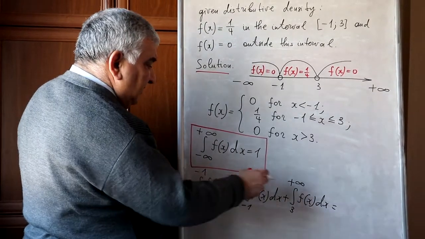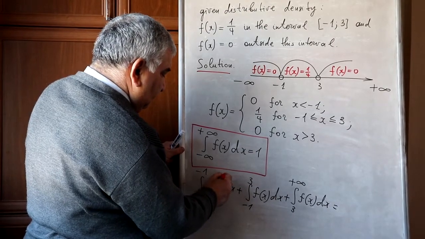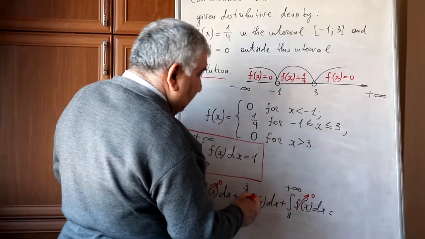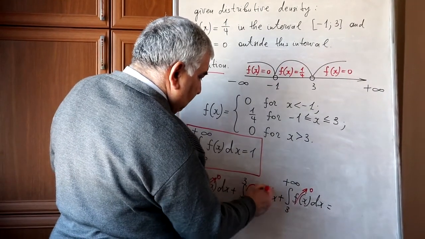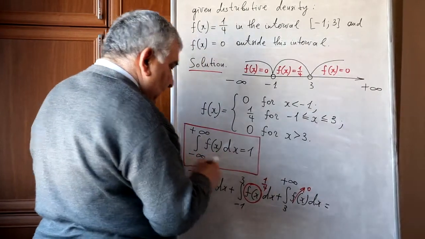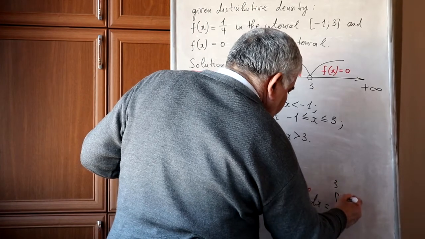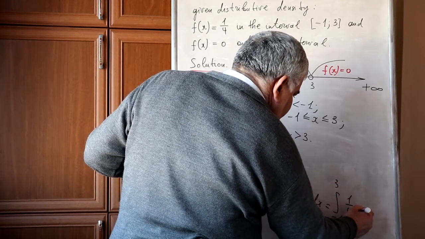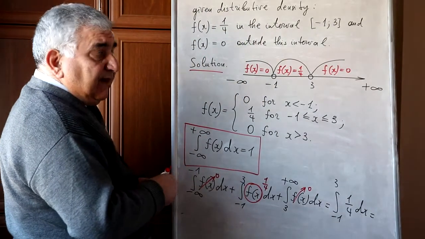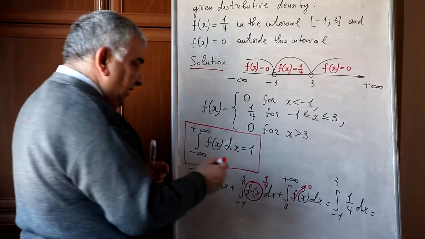In the first and the third integrals, f of x is 0, and in the middle integral, f of x is 1/4. Right? We have integral from minus 1 to 3 of 1/4 dx. Here, 1/4 is the constant factor, and we can take 1/4 out of the integral symbol.